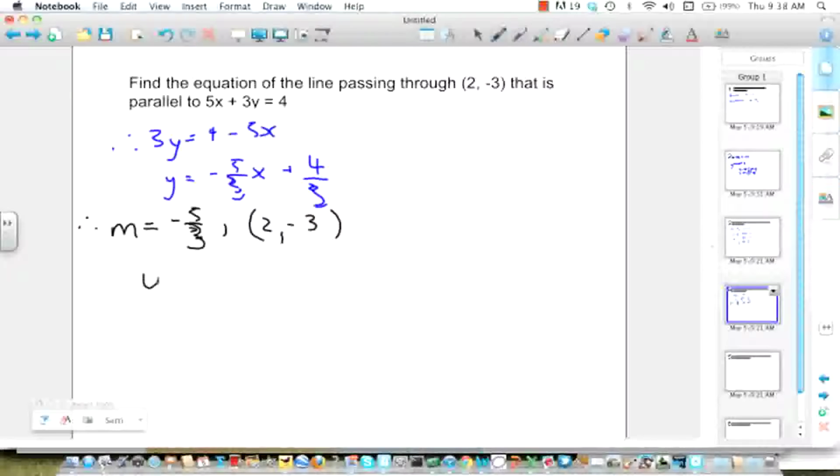So from this we just say y minus y1, which was plus y minus 3, which is y plus 3, equals m, which is minus 5 on 3, outside of x minus 2, which if we expand it in, gives us y equals minus 5, that's a 5 incidentally, minus 5 on 3x and then we'll end up with plus 10 on 3, and I have to take away 9 on 3, which gives us plus 1 on 3.